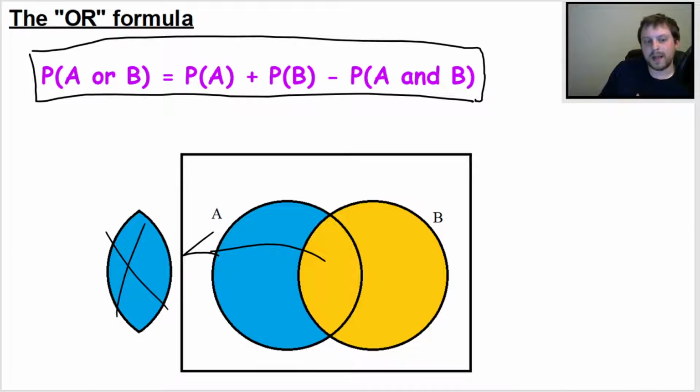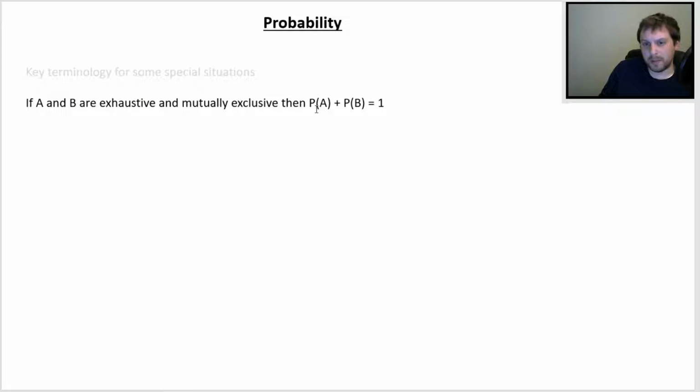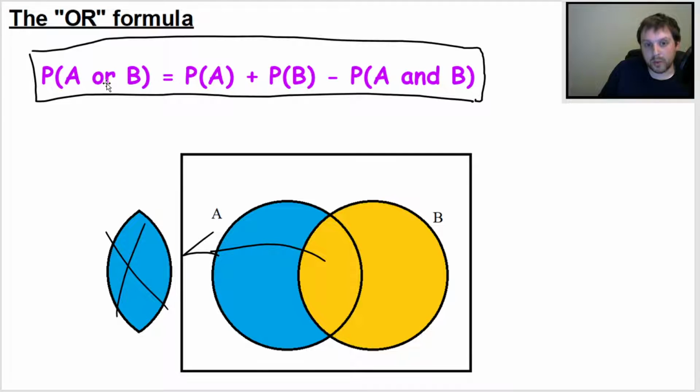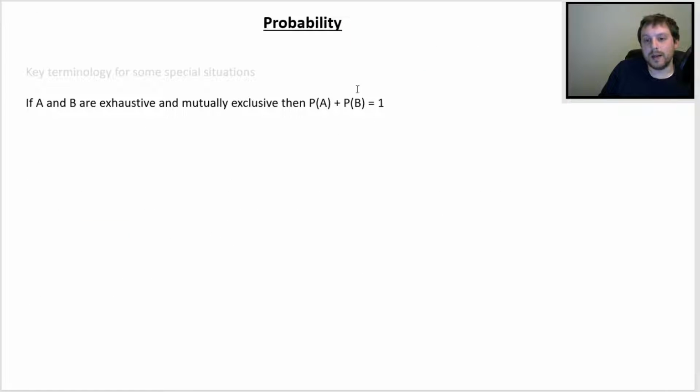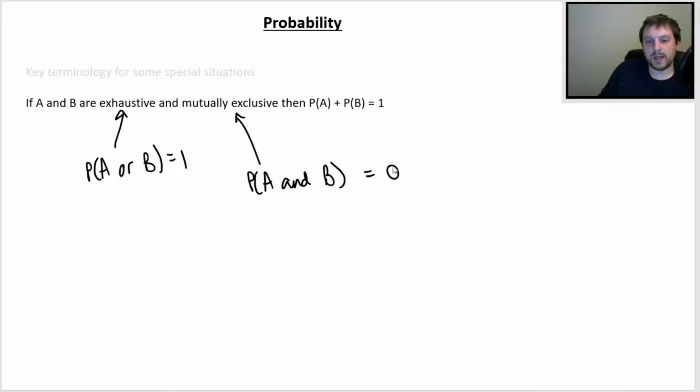So what that would mean is that the P of A plus the P of B would equal 1. So yeah, quite a nice little formula for if A and B are exhaustive and mutually exclusive. Okay, so just a reminder, this would mean that the probability of A or B would be 1. This would mean that the probability of A and B would be 0.